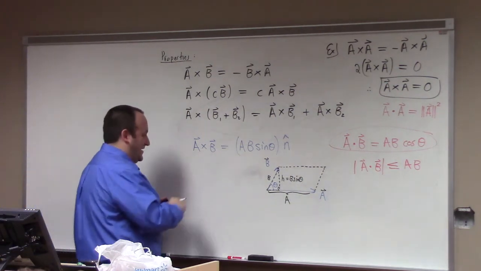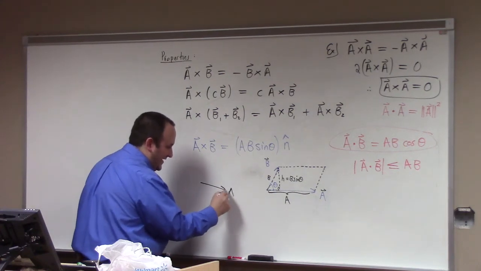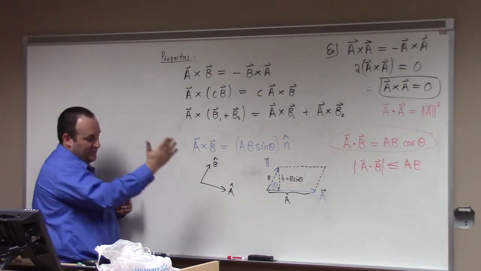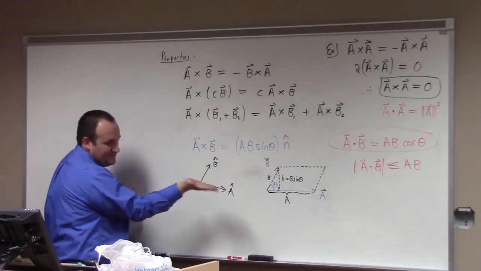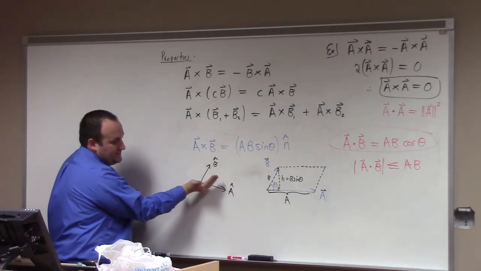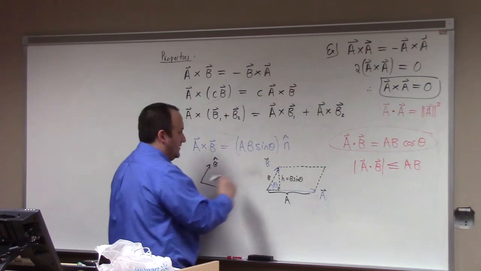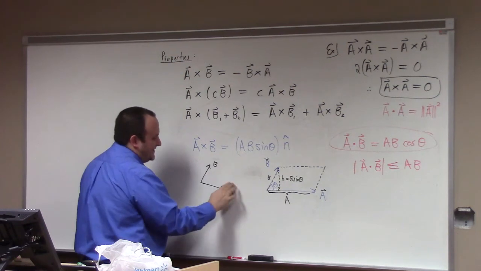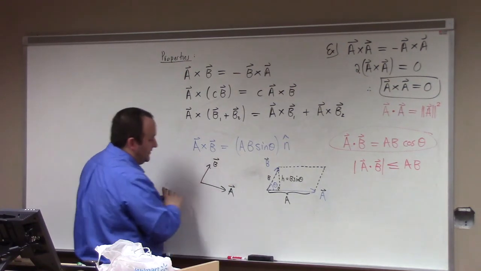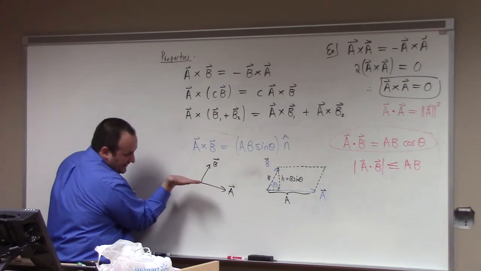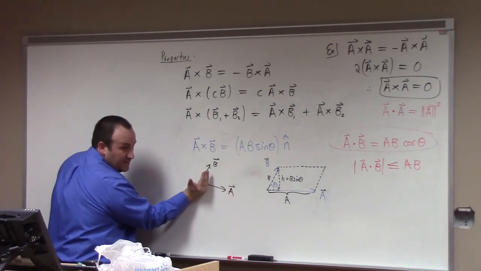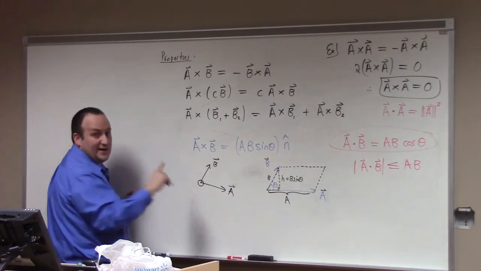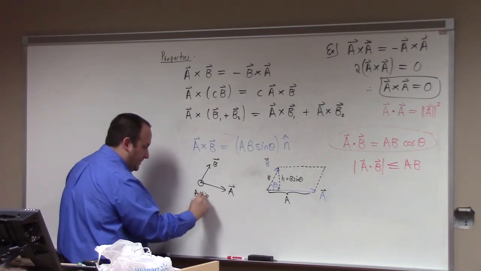Suppose you've got A and B. A cross B: you point your right hand in the direction of A, you cross your fingers into B, and the thumb points in the direction of A cross B. So let's use a dot to indicate a vector pointing out of the board. Out of the board.